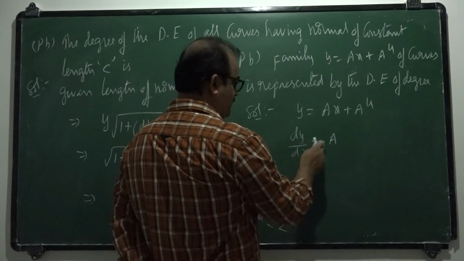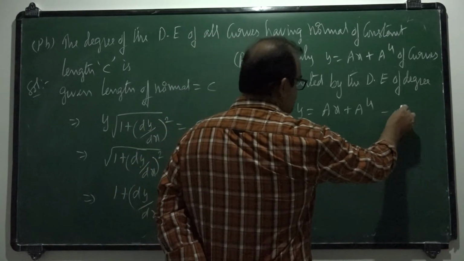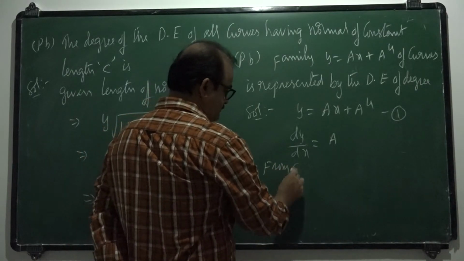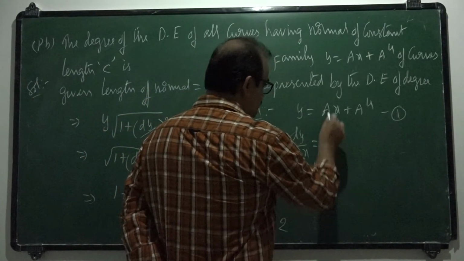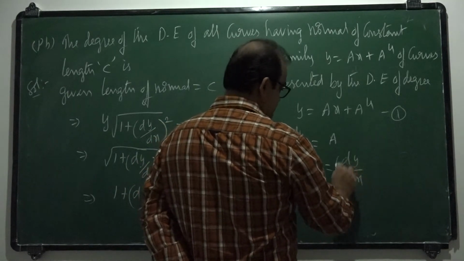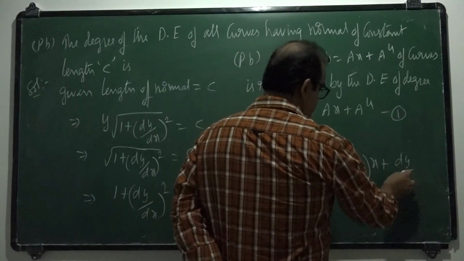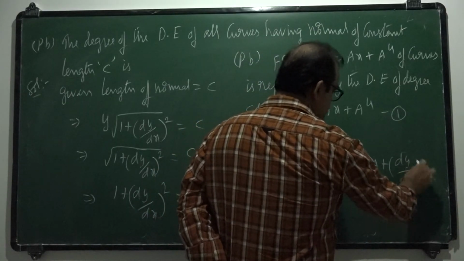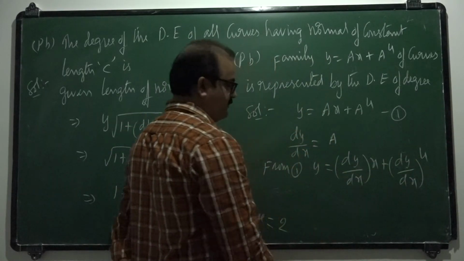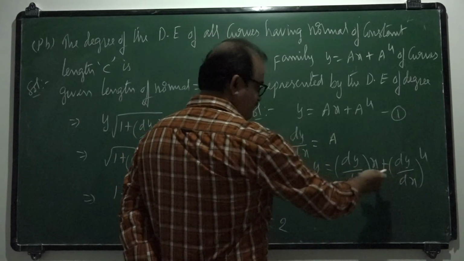Let it be equation 1. From equation 1, a is dy by dx. Substitute in the equation: y is equal to dy by dx into x plus dy by dx whole to the power of 4. See, it is a differential equation.